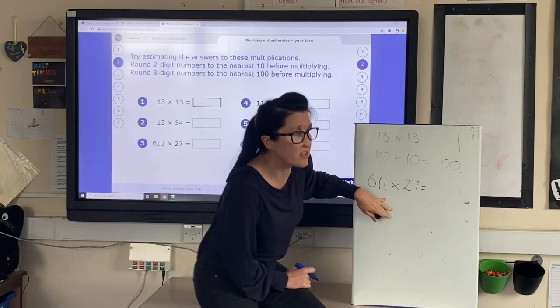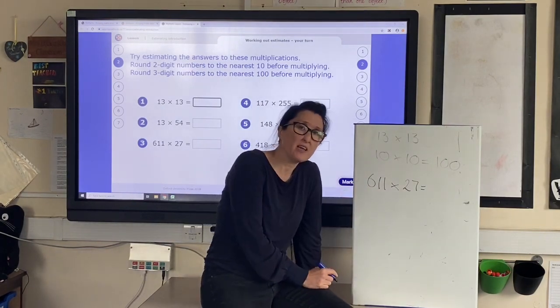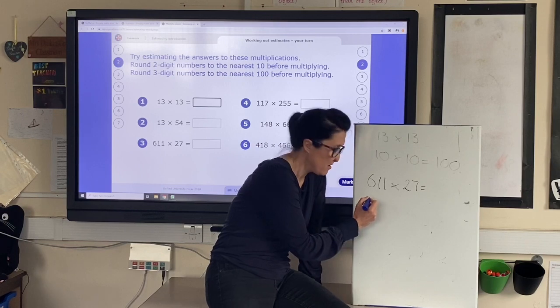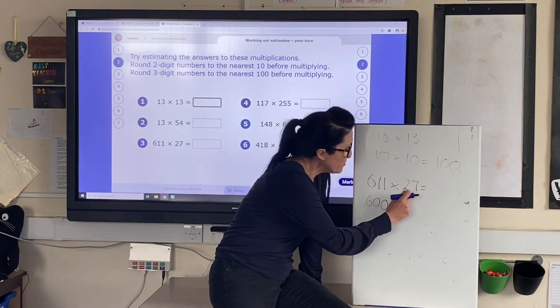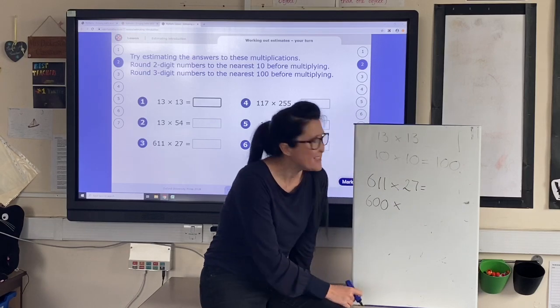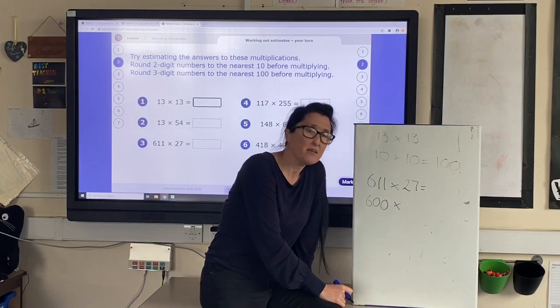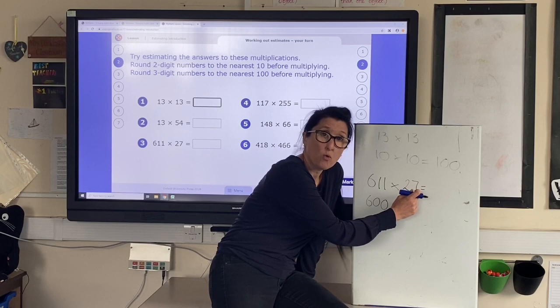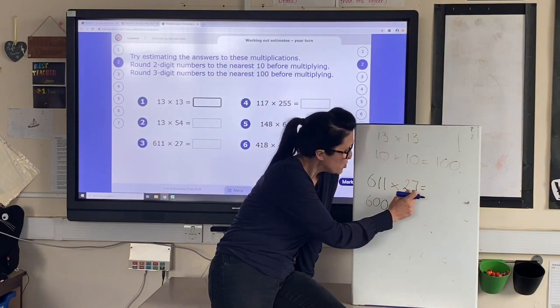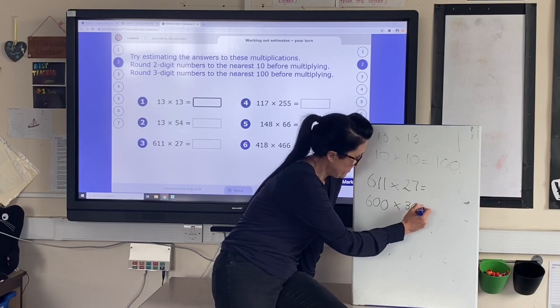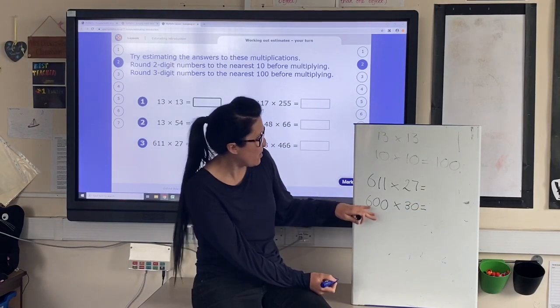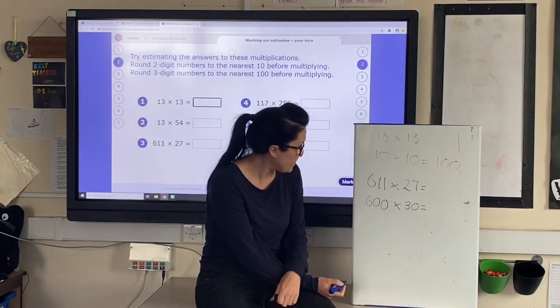So 611 to the nearest 100 is, yeah, hopefully you said it, 600. And then I'm going to multiply it by 27 rounded to the nearest 10. Because I've got 7 in my ones column, that means I round up, so 27 becomes 30. Okay, and now I'm left with 600 multiplied by 30.